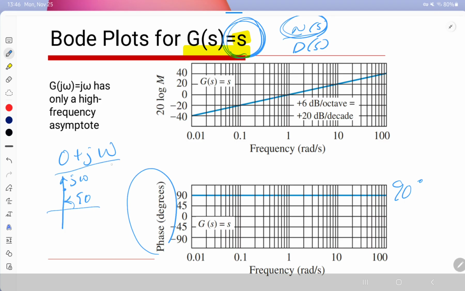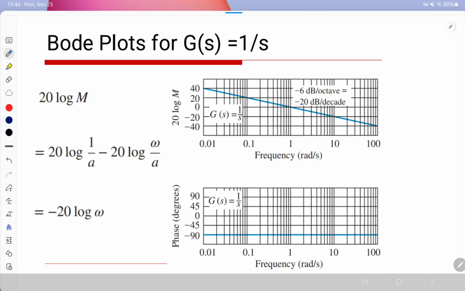So 0 over j omega, as j omega is right here, and that is 90 degrees. Moving on to an example of a G of S function, which is 1 over S. It has a pole at 0. The 0 means like a numerator 0.